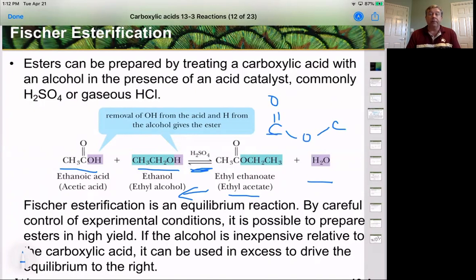So it's very important that we prepare the material correctly such that we end up getting the ester. A couple good ways to do it are to have an excess of the alcohol around that drives the reaction to the right side of the equation, or we can remove water as it's produced, and that will also continue to drive the reaction to the ester product.